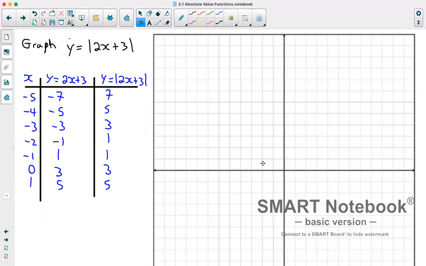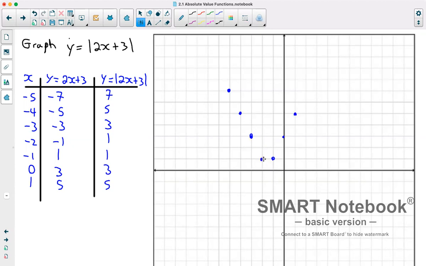So graphing these at -5, we're at 7. -4, we're at 5. -3, we're at 3. -2, we're at 1. -1, we're at 1. And then at 0, we're at 3. 1, we're at 5. Now you'll note in this case, none of our coordinates were on our x-axis.